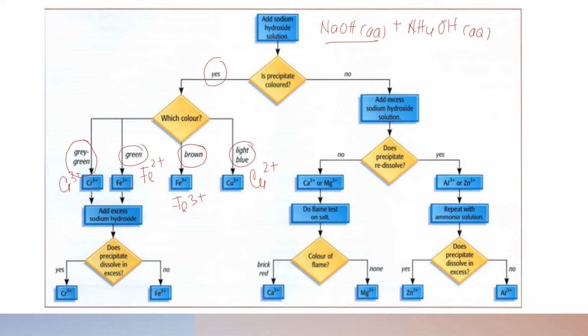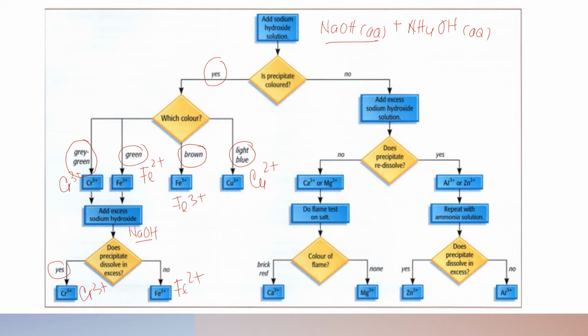To differentiate which cation we have, we follow by adding excess sodium hydroxide, NaOH. If the green precipitate dissolves in excess NaOH, what we have is Cr3+. When the precipitate does not dissolve, then what we have is Fe2+ ion.